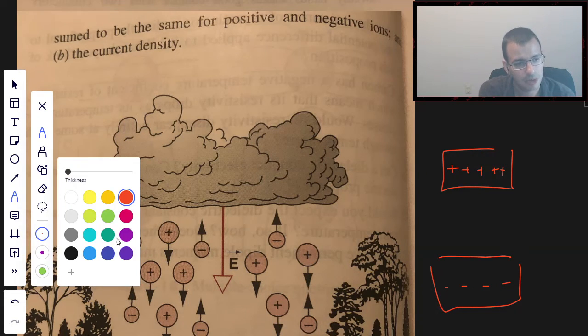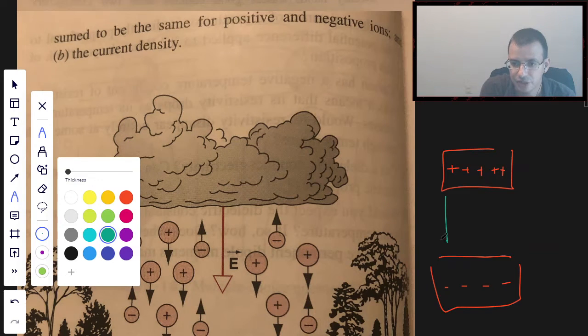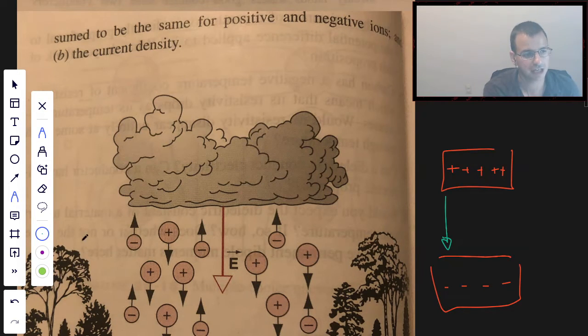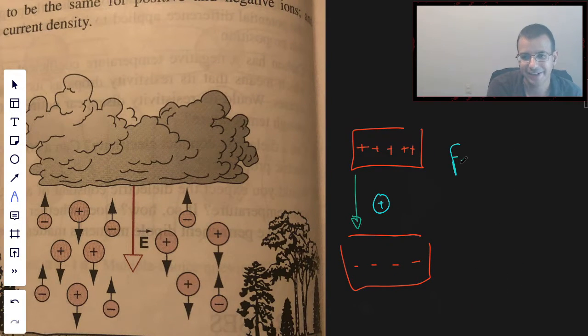And so we get an electric field going downwards from the positive to the negative, which seems reasonable. And then if you have a charged particle in here, your first thought is force equals qE, which equals mass times acceleration. And so we have a constant acceleration, and we can calculate it that way.